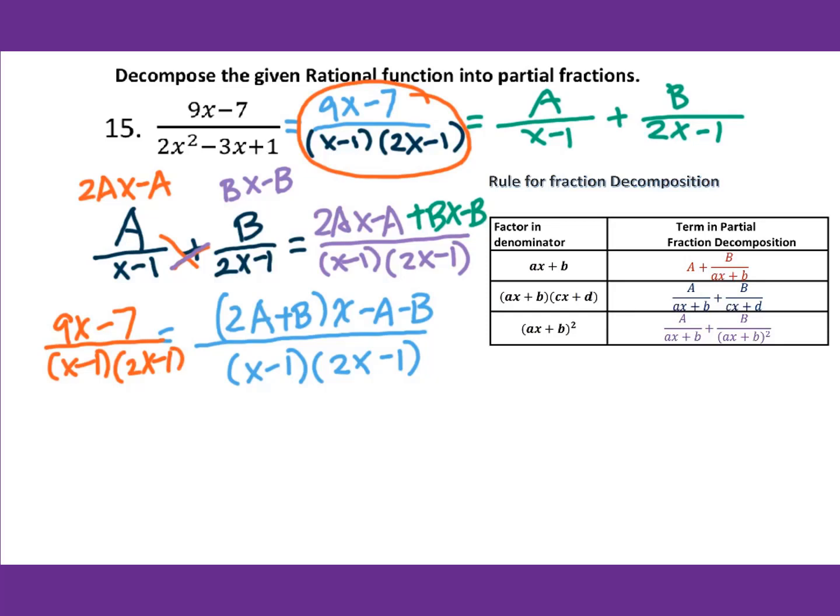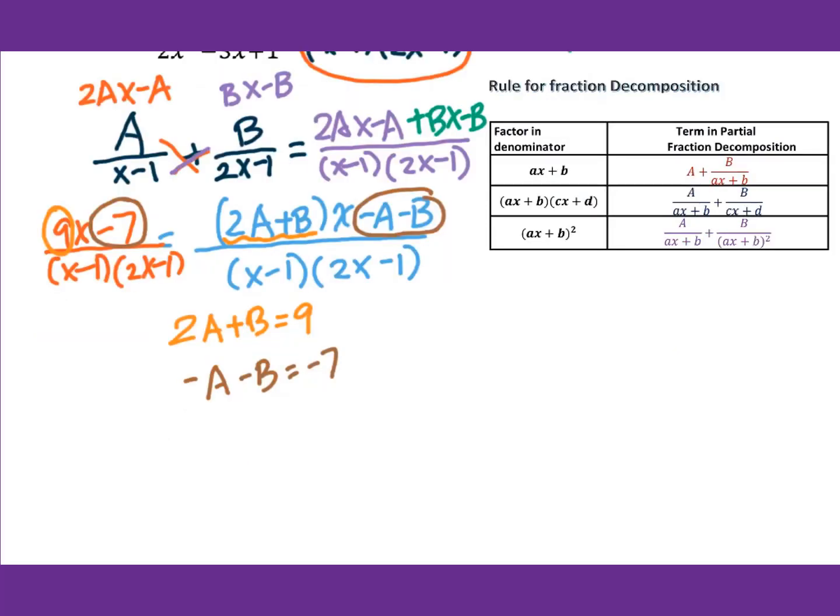Look at the coefficient for x. This is 9. Therefore, 2a plus b equals 9. And then for the constant, I got negative 7, so negative a minus b equals negative 7. You need to solve this system of equations. Since we have opposite variables, I add both sides.